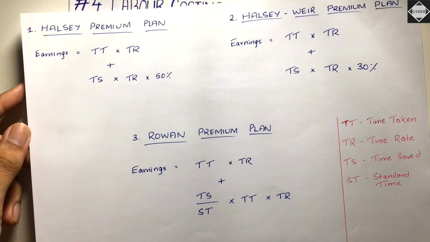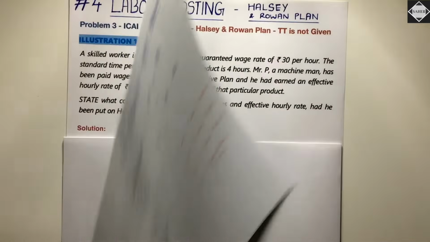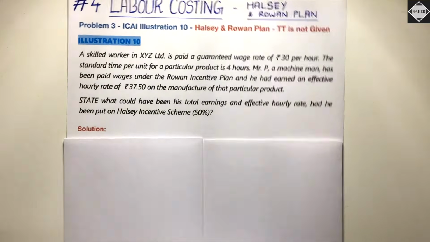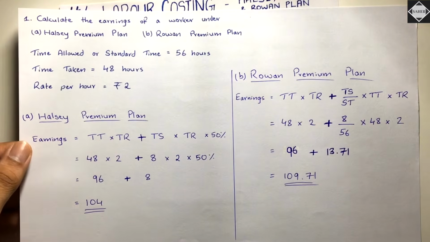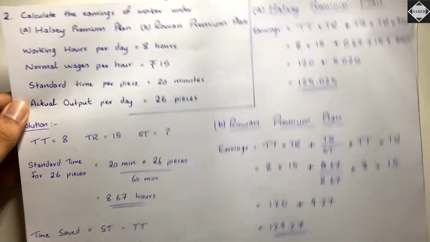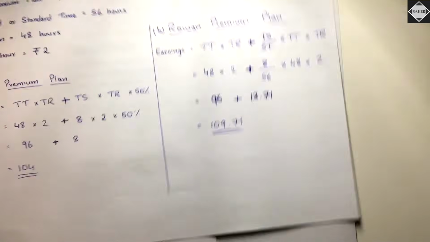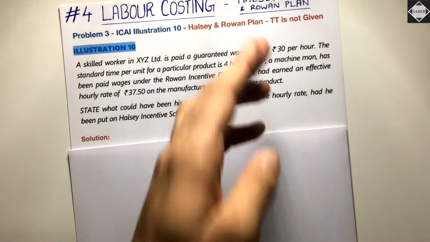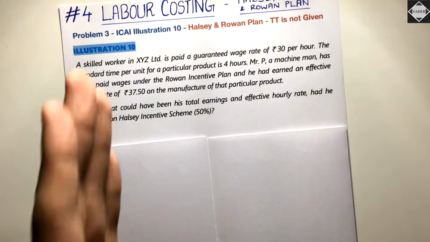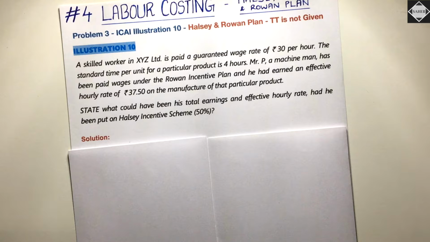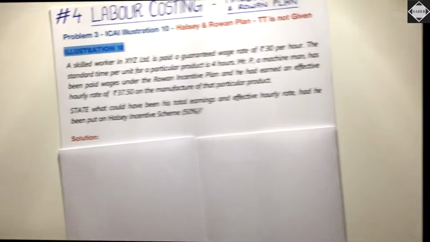This was the first problem, and this was the second problem. Now we are moving on to the third problem of the Halsey and Rowan plan, which is illustration 10 from the ICAI module. So let's begin.